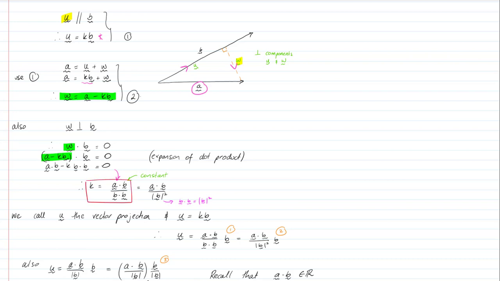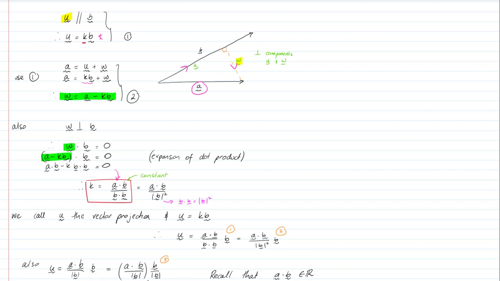Remember, A dot B is a dot product, that means it's a constant, and B dot B is also a constant, so K is equal to a constant, which we expected. In fact, A dot B over B dot B will be equal to this constant we defined up here.